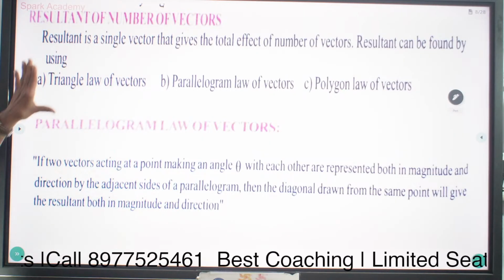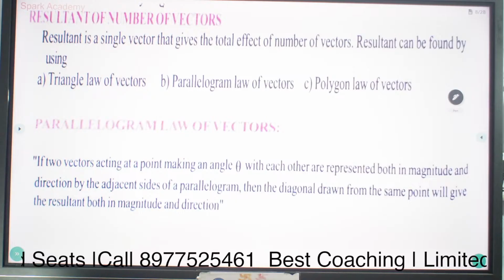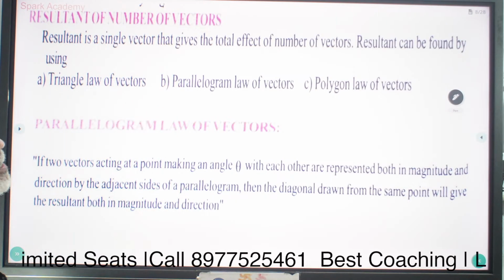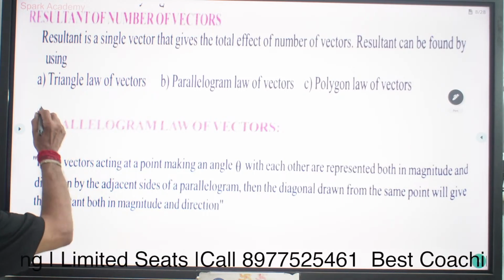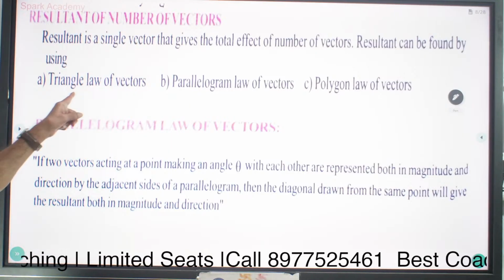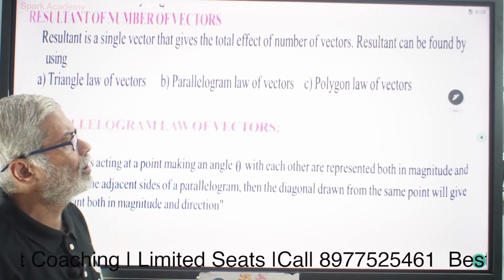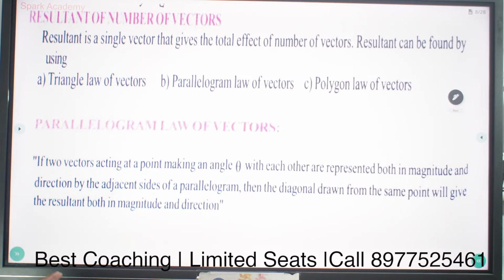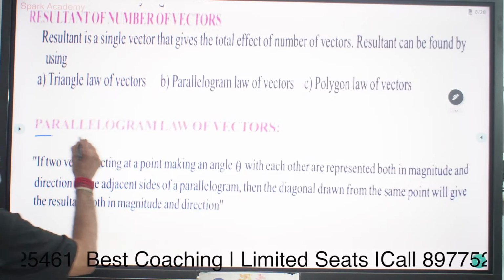Now, the resultant of a number of vectors. The resultant is a single vector that gives the total effect of a number of vectors. The resultant can be found using, and these are very important: the triangle law of vectors, the parallelogram law of vectors, and the polygon law of vectors. These are used in solving numerical problems involving vectors. So what is the parallelogram law of vectors?